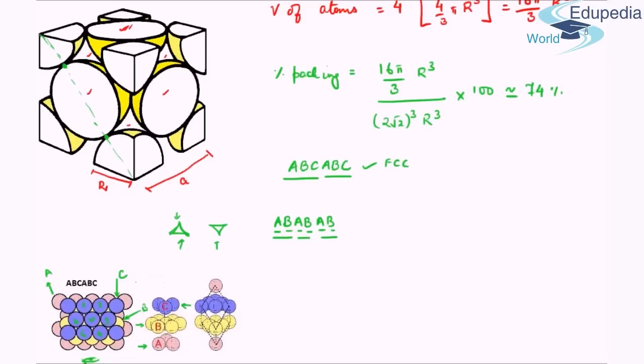If you consider this particular atom, it will have 6 atoms surrounding it in its own layer, 3 atoms surrounding it on top of it, and 3 atoms surrounding it from the bottom. Therefore this particular atom has 12 atoms surrounding it, which means its coordination number is 12. That is the basic definition of coordination number. Now there is nothing special about this atom.